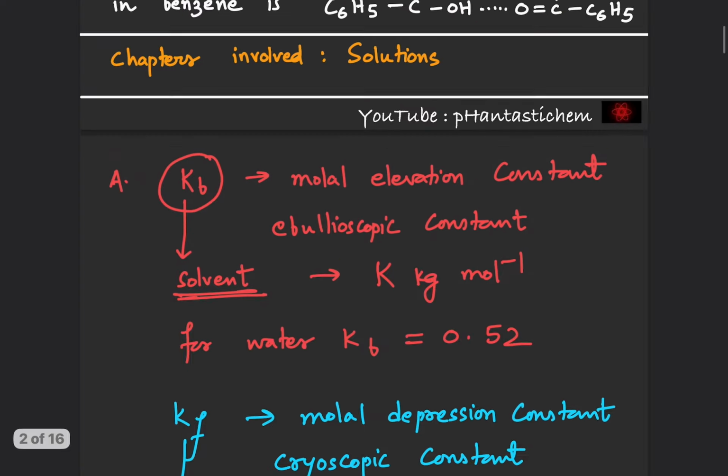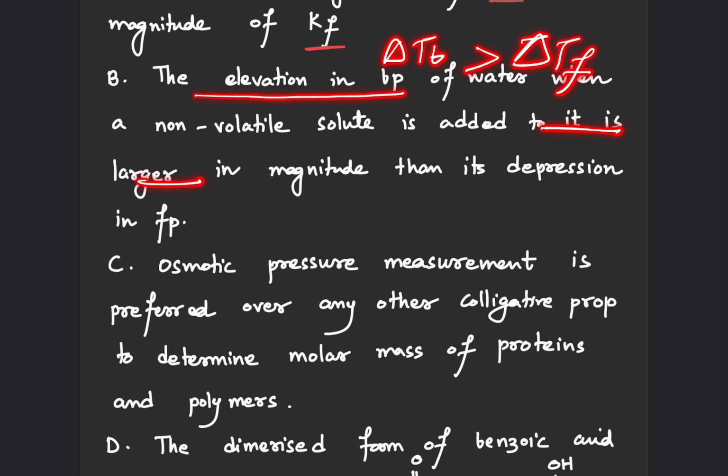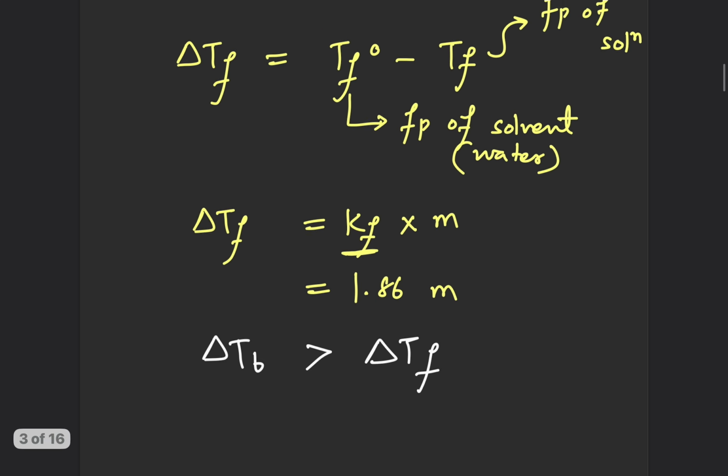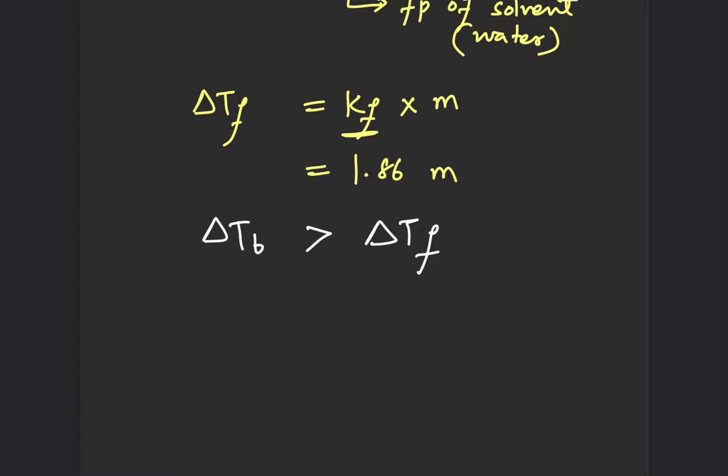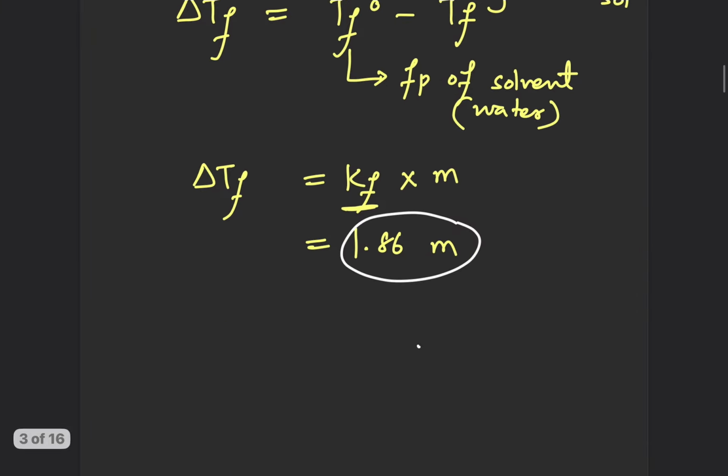So let's look at statement B. What is it saying? Statement B is saying that the elevation in boiling point, that is delta Tb, is larger, that is greater than delta Tf, which is not the correct statement. We just calculated that delta Tf is 1.86 m and delta Tb is 0.52 m. So therefore delta Tf is greater than delta Tb.